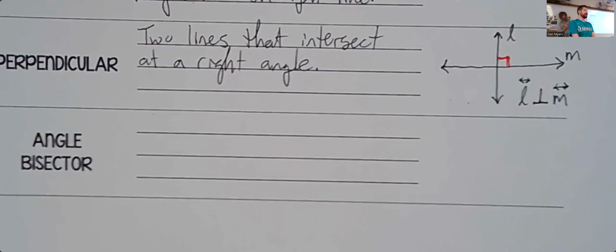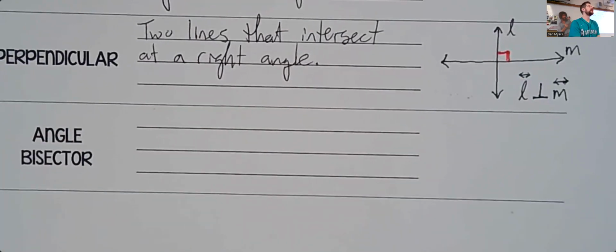All right, last thing here, angle bisector. We talked about a segment bisector already. And a segment bisector did what? Based on our definition, what did a segment bisector do? And then we'll use that to define an angle bisector.